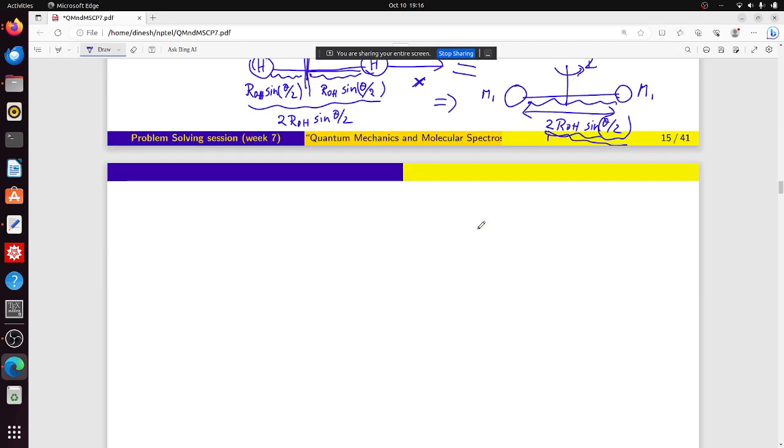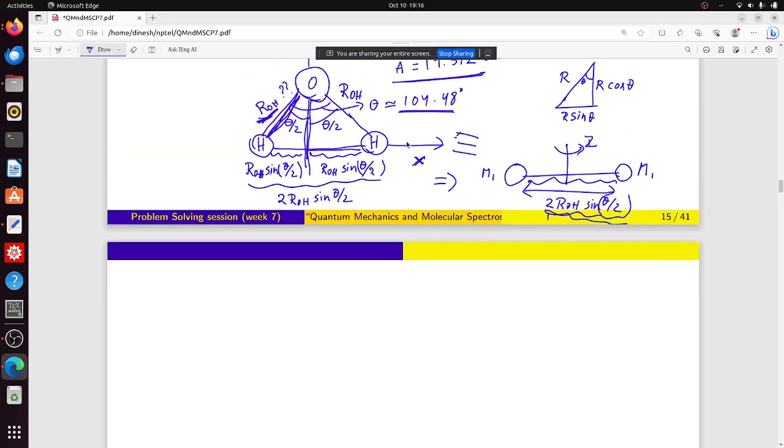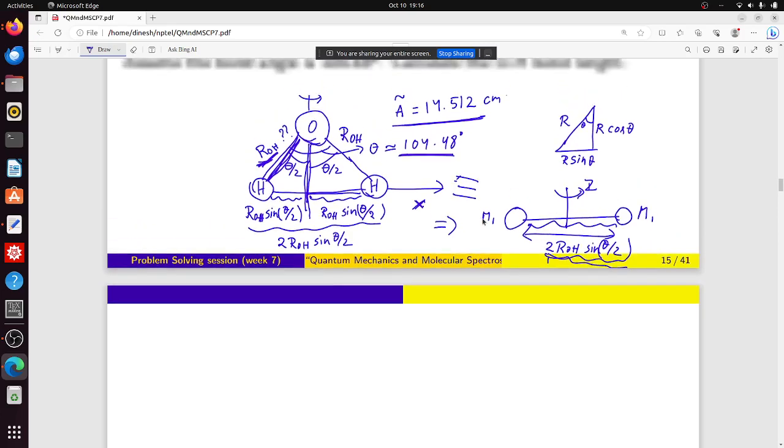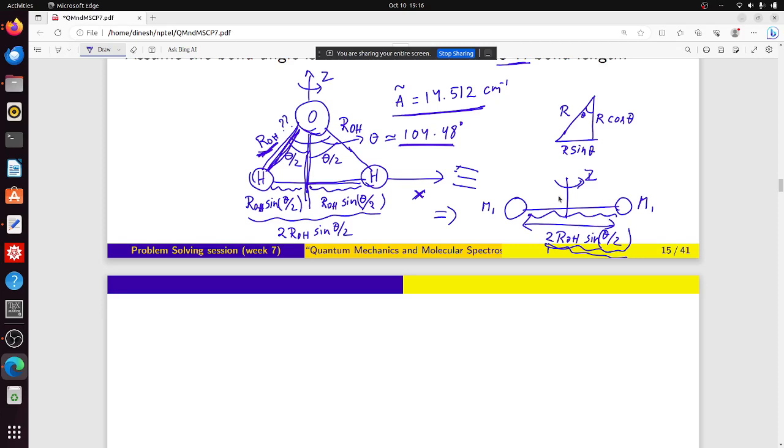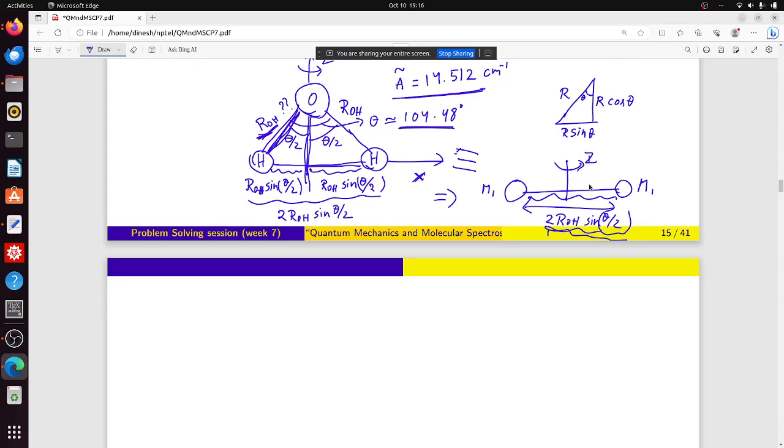so if we can write this triatomic molecule in terms of this approximate diatomic molecule, now what can we do? If you have a diatomic system and we want to consider its rotational motion, what do we have to calculate? Its moment of inertia, right? Along the z-axis we can calculate its moment of inertia.